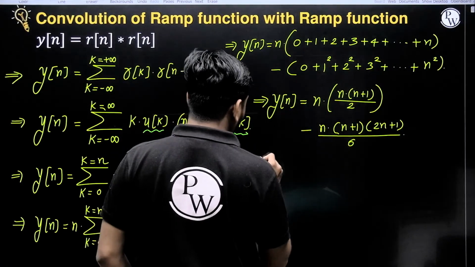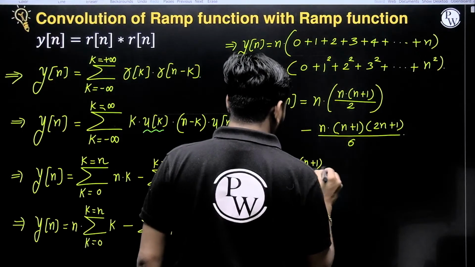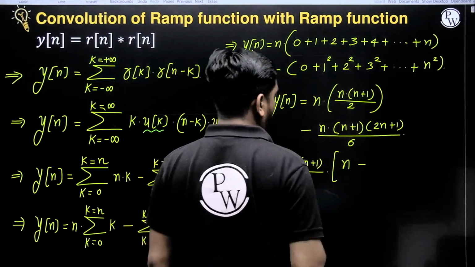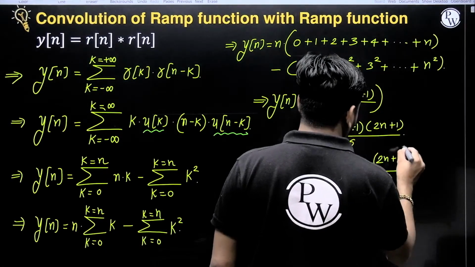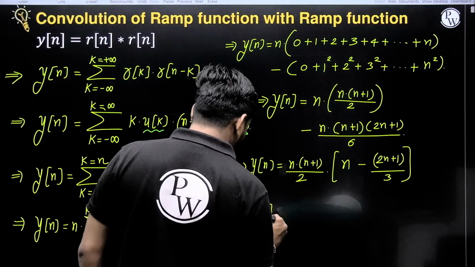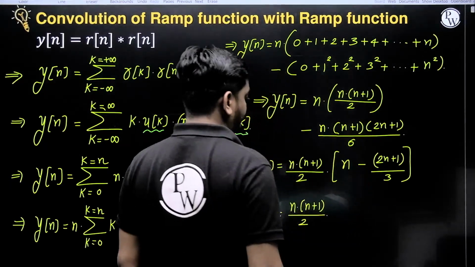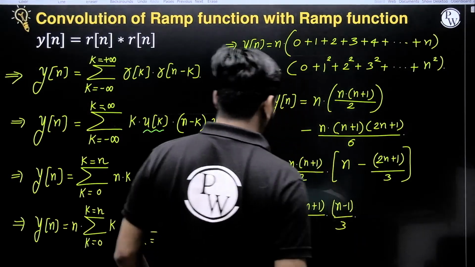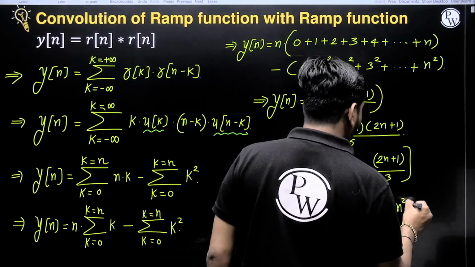Now you can take common n into n plus 1 divided by 2, bracket n, minus n into n plus 1 divided by 2 common, here it is 2n plus 1 divided by 3. Now the LCM is 3, 3n minus 2n minus 1, that is n minus 1 divided by 3, final answer is n into n plus 1 by 2, and here a minus b, n square minus 1 divided by 6.